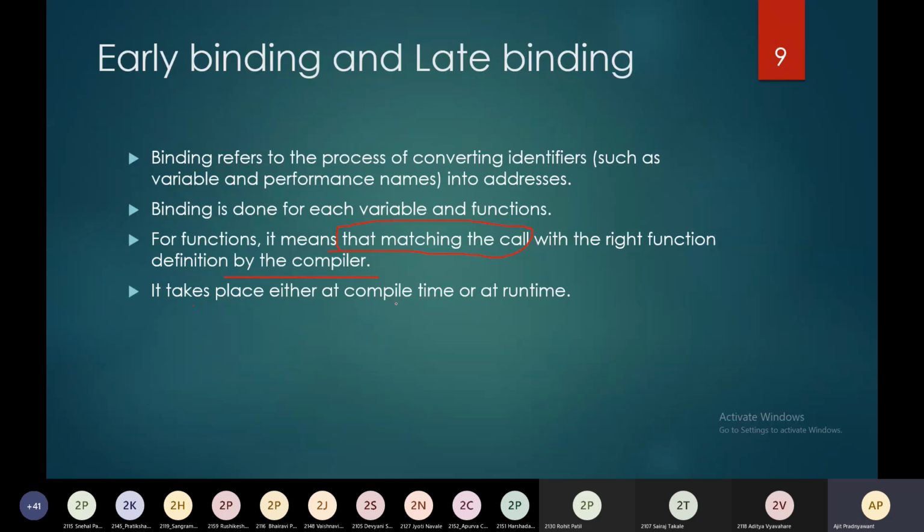It takes place either at compile time or at runtime. There are two ways to decide which function is to be called. The first is compile time and the next is runtime.